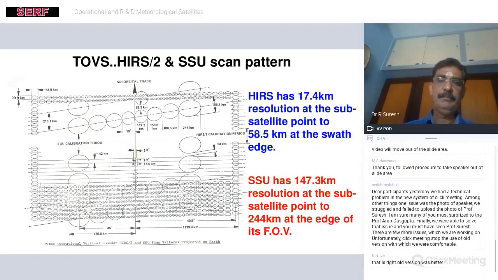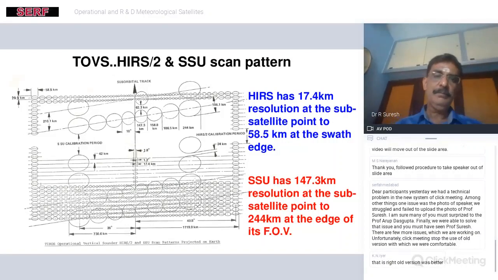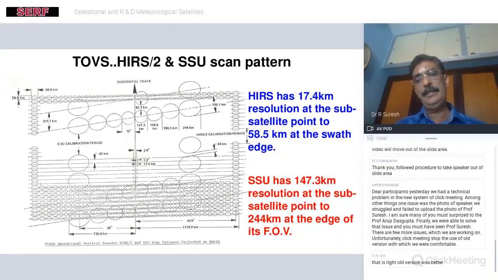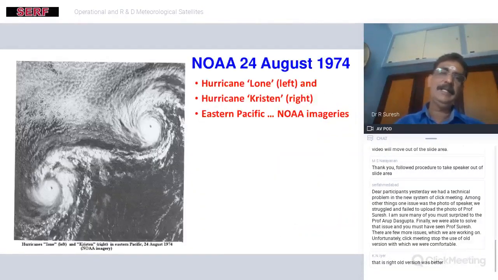It all depends on the field of view. Field of view is nothing but the resolution. In this case, the HIRS resolution, which we have seen earlier, is compared with the SSU. It starts with a resolution at the sub-satellite point of 147 and ends up with 244 kilometer at the edge of the scan over the swath.